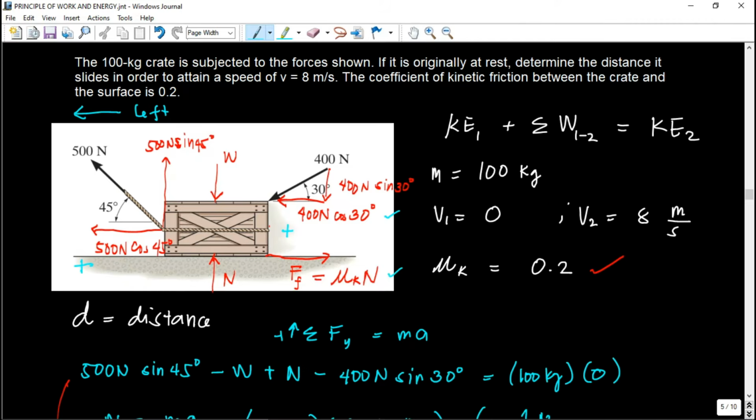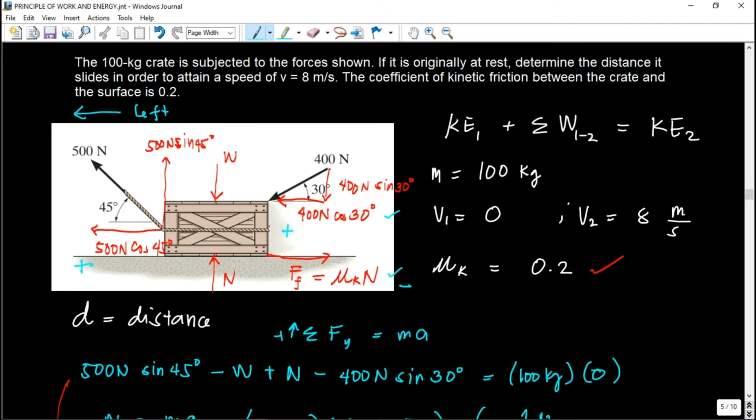Then the frictional force, we still consider it because it is also on the x-axis. Since the frictional force is opposite the direction of the crate, it does negative work on the system. That's how you analyze if the work is positive or negative when using the principle of work and energy equation.